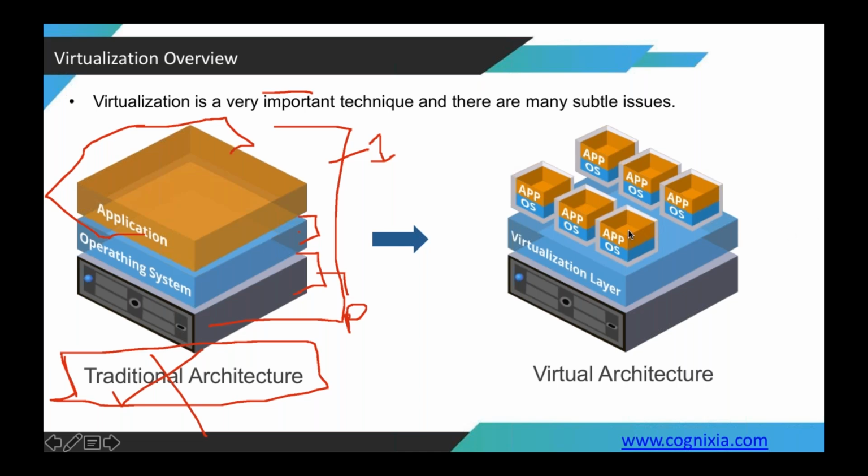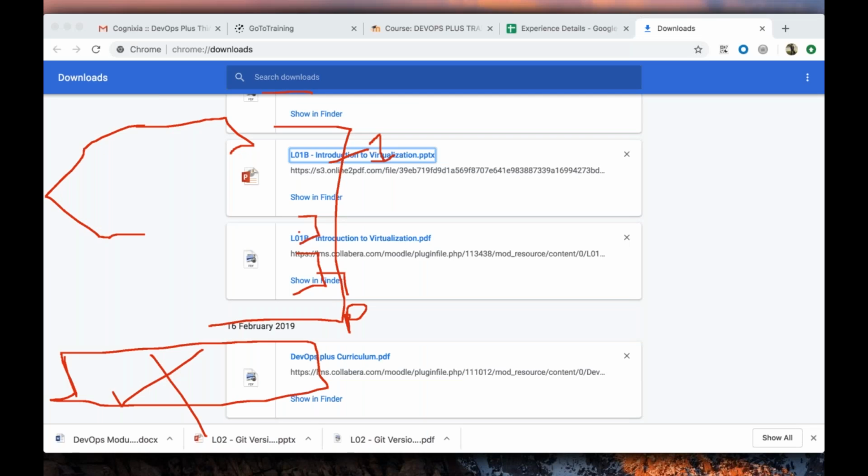There is isolation between each and every operating system, and we were able to run more applications now. The newer architecture was much more efficient, and much fewer servers were required compared to the previous architecture.